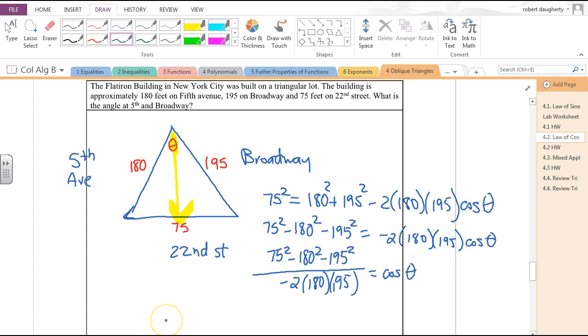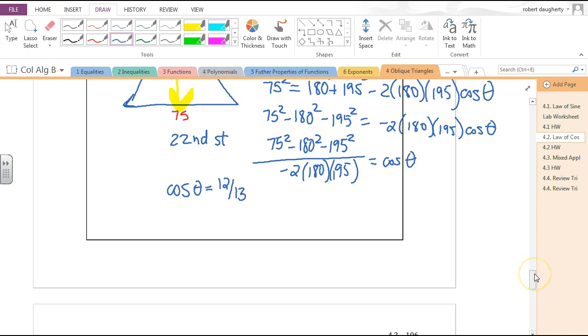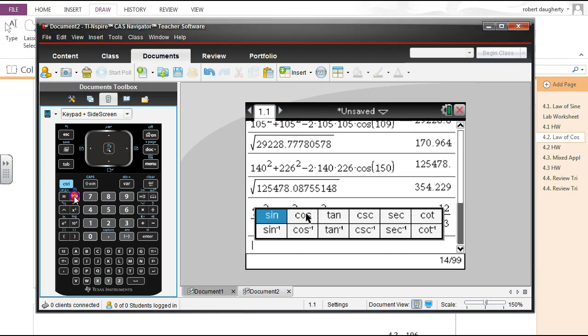You could have gotten a decimal, but that's okay. Cosine of theta equals 12/13. How do I solve for the angle? Yeah, so this angle is the inverse cosine of 12/13. So I'll go back to my calculator.